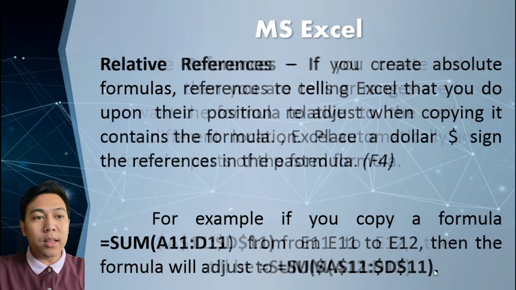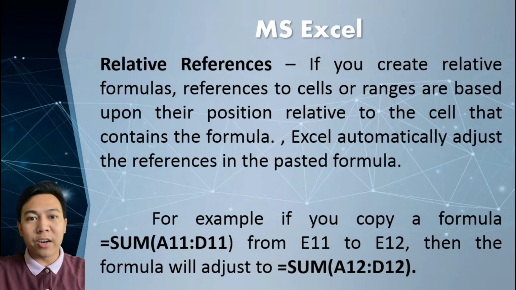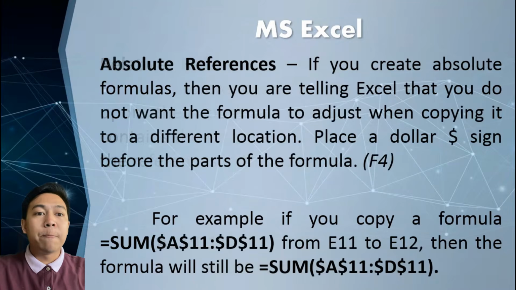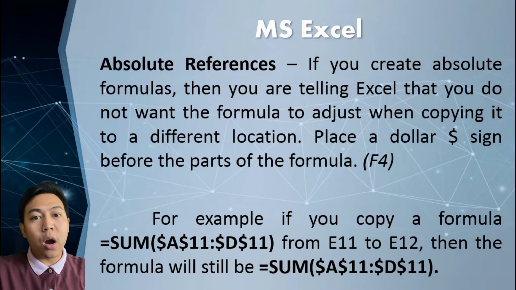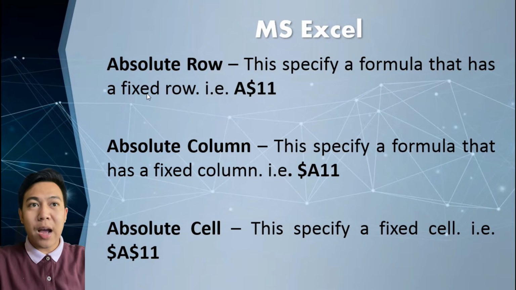So comparing the two examples, in relative reference, it will adjust. But if you use the absolute reference, the formula will still be the same even if you copy it to other cells. Okay?